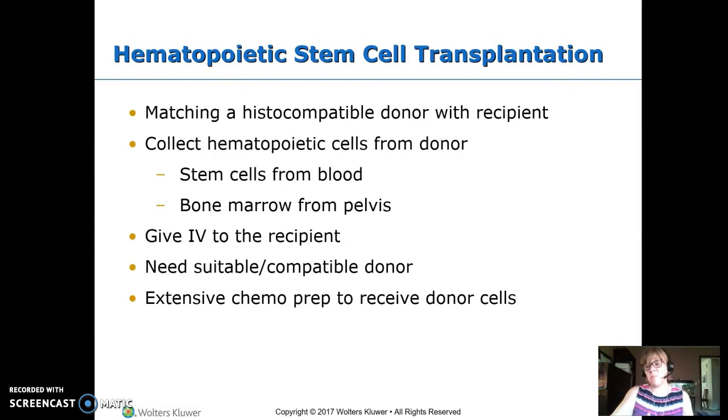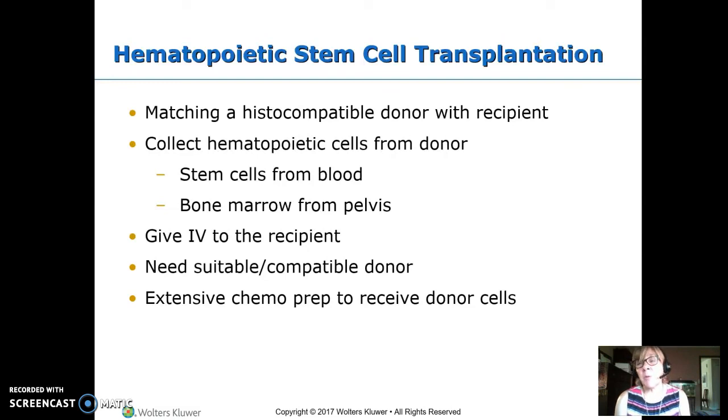Depending on who's needing to receive it, they can take it peripherally, so they'll put an IV here, take blood out, spin off stem cells, and return the blood. Or they will take it from the pelvis and actually draw actual marrow. The vast majority of donors give peripheral stem cells, not marrow from the pelvis.